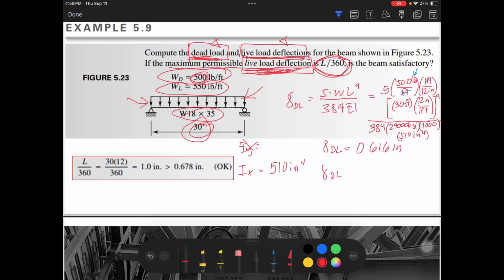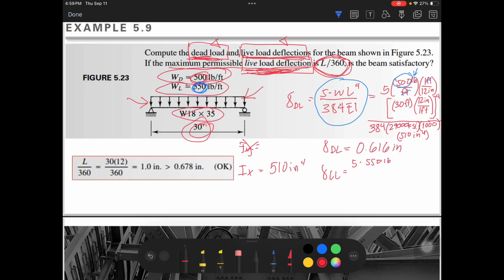Ito pa din yung formula natin, pero iba na yung W. Yung W sa dead load is 500. This time it's 550. Live load na. So it's 5 times 550 divided by 12. Ay, lagay ko na nga yung units.